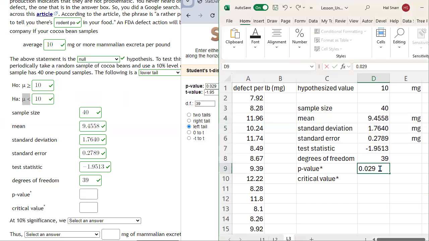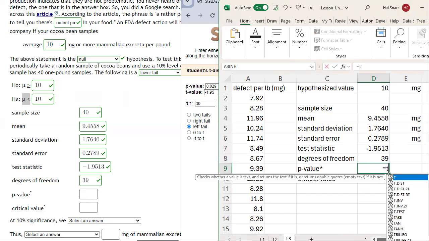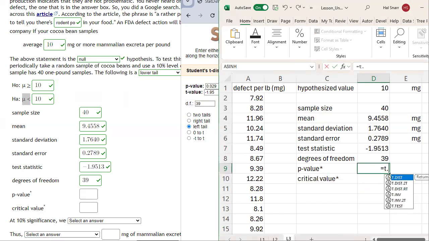We know it's going to be about 0.029, but we need 4 decimal place accuracy. So we're going to calculate it using Excel. We're going to plug in a number to get a p-value, so we want to use T.DIST.